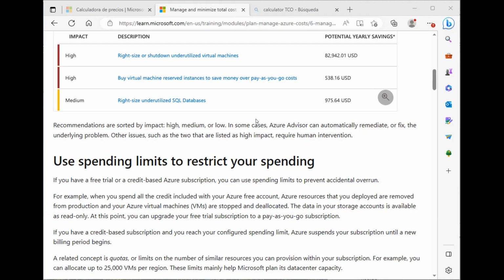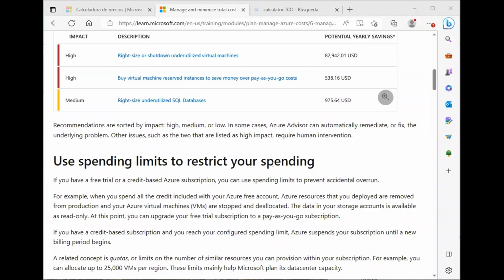If you have a credit-based subscription and you reach your configured spending limit, Azure suspends your subscription until a new billing period begins. A related concept is quotas, or limits on the number of similar resources you can provision within your subscription.